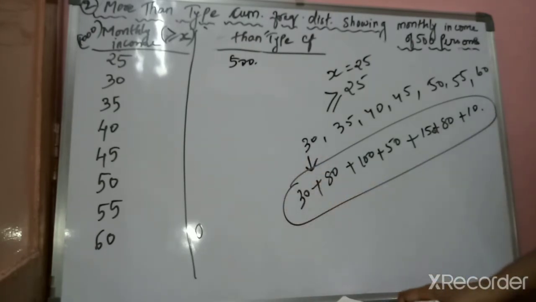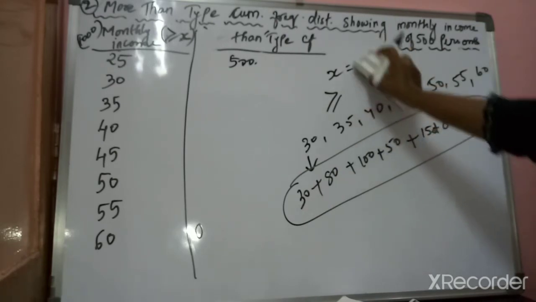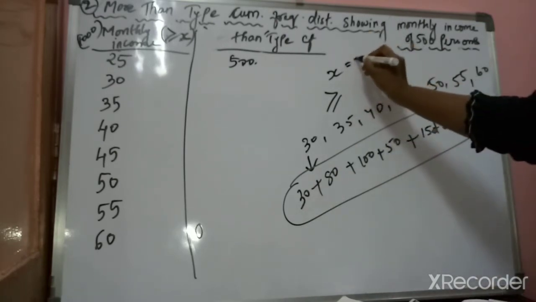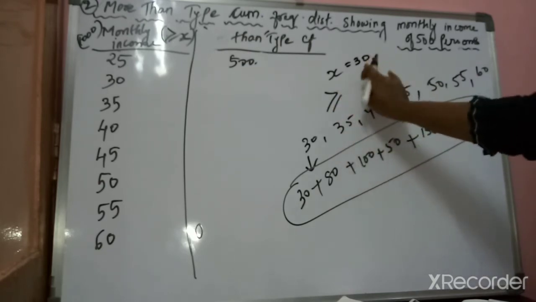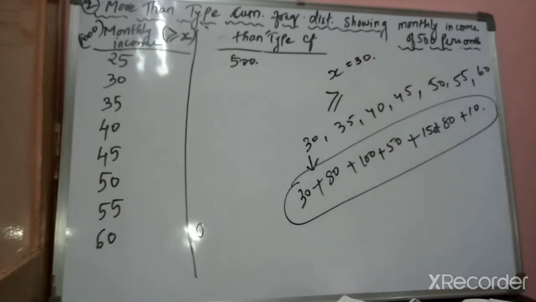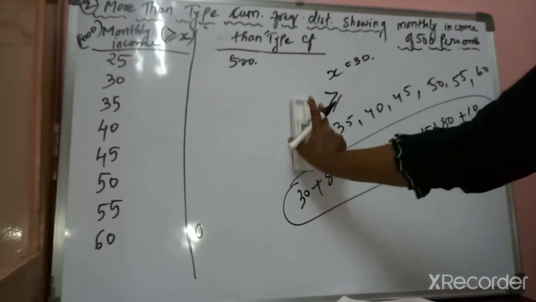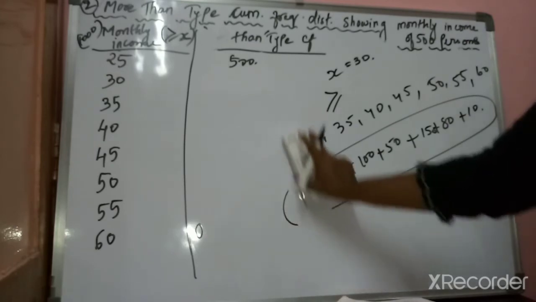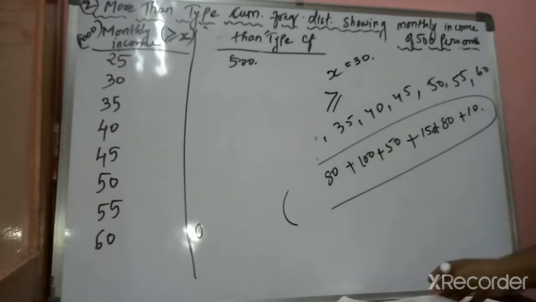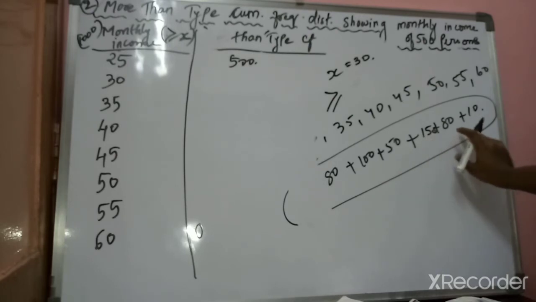So what we have to do now, next is our x is 30. Okay, so more than or equal to 30,000. So what it is saying, we have to deduct one by one. So just deduct this. So what it is, 80 plus 100 plus 50 plus 150 plus 80 plus 10.